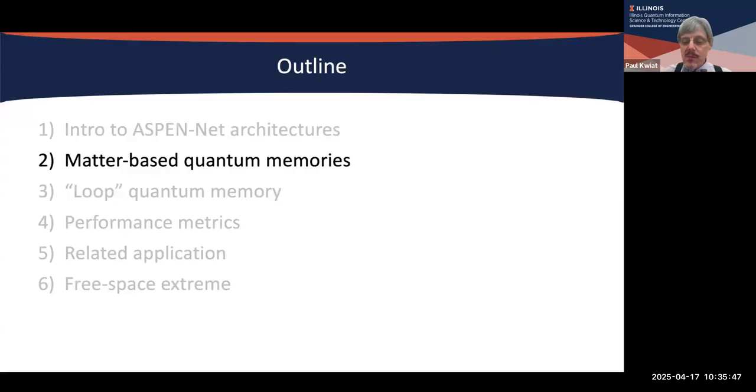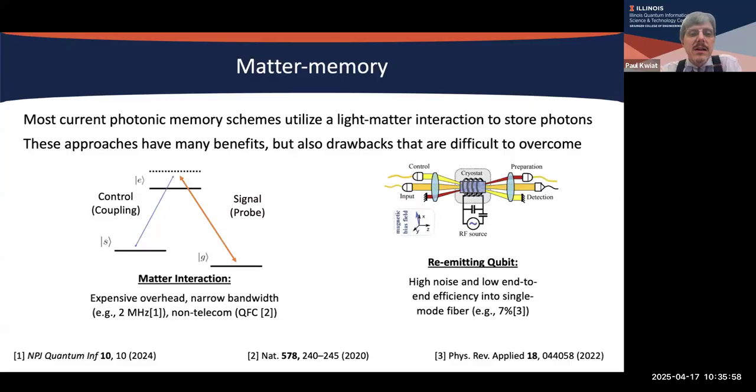Okay, so I'm not going to spend a lot of time talking about matter-based quantum memories, just so that we're on the same page of kind of how typically these are working. So typically, we have some sort of an atom or a solid state system. That's kind of the most common scheme, and we'll transfer the state of the photon into the state of the atom or into the state of the solid state system.